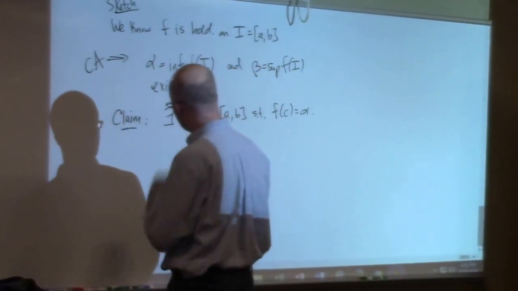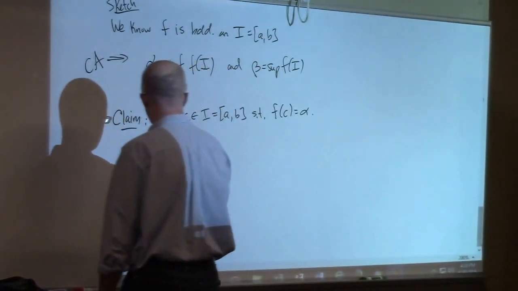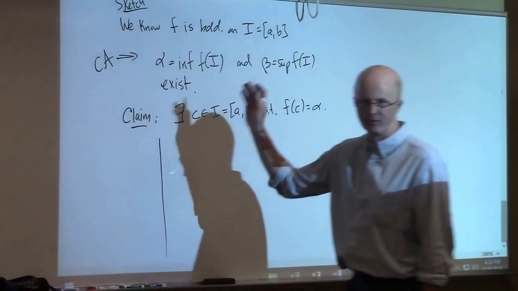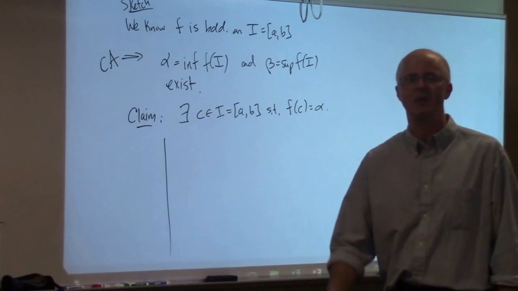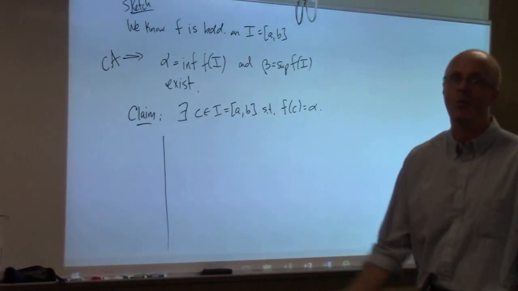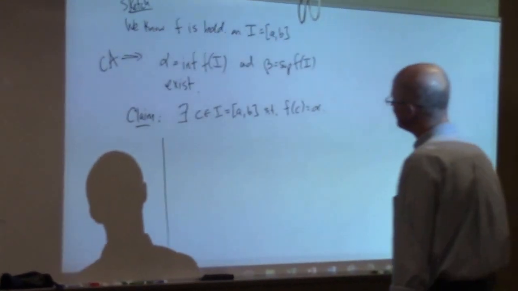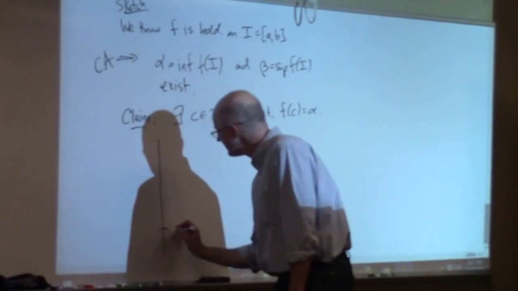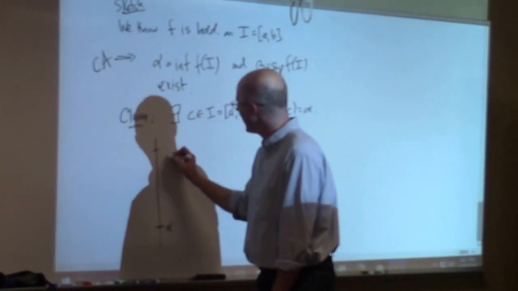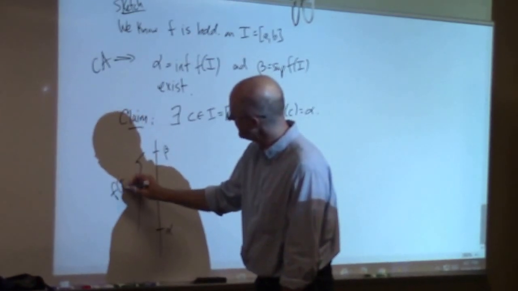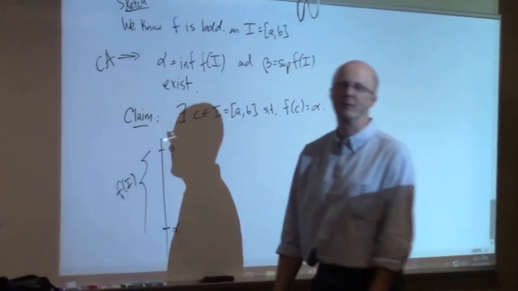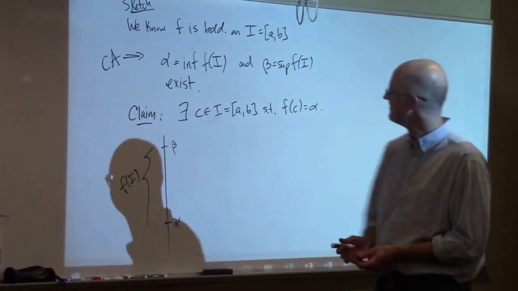Well, let me just consider this visually. Let me draw a number line. I'm going to draw the number line vertically because this is a set of outputs of a function, and so you can think of these as being points on a y-axis, if you like. Here's alpha, here's beta. The direct image we're thinking is going to be the closed interval from alpha to beta, but we don't know that yet.